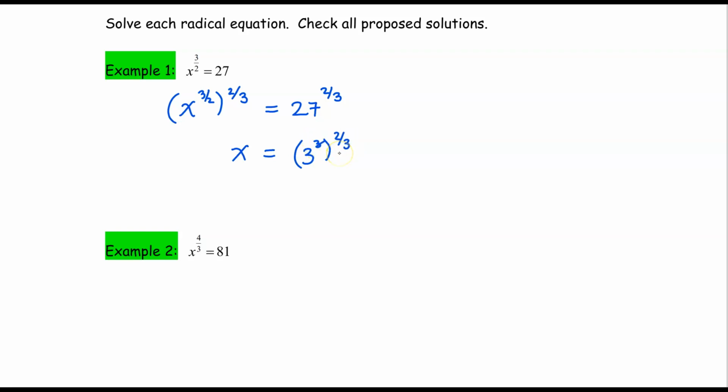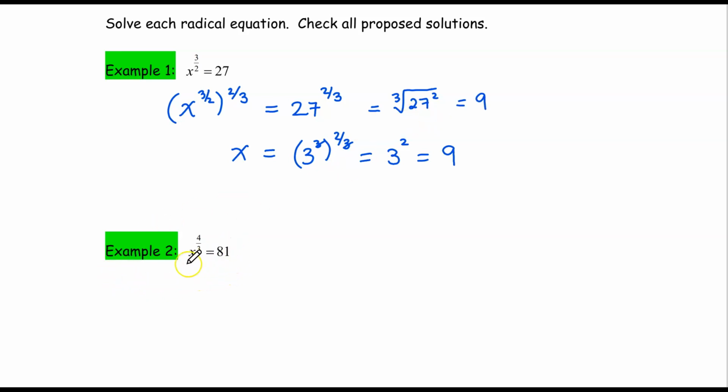The 3 cancels out, so that's equal to 3 squared, which is equal to 9. Or you can just plug this into your calculator as the cube root of 27 squared, and you will get the same value, which is equal to 9.